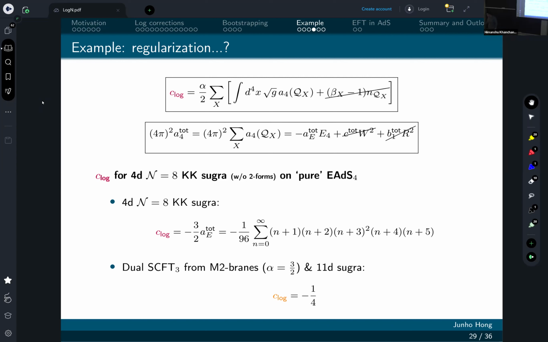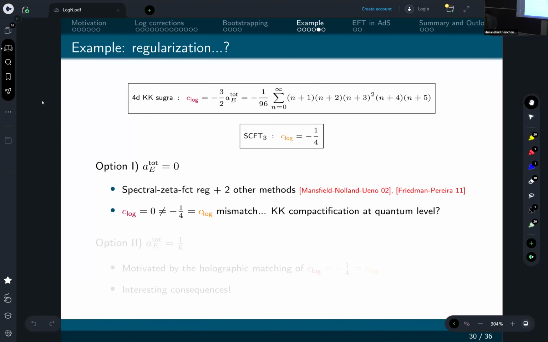So at this point, I want to introduce two options. First, do the regularization by following the well-known method. Like this combination, I don't know exactly why, but this infinite sum expression turns out to be exactly the degeneracy of the Laplacian on S7. So you can use the spectral zeta function regularization to regularize that, then you get 0. If you follow other two methods, like in this literature, we also get 0. And 0 is well known to be not the same as -1/4, so something's going on.